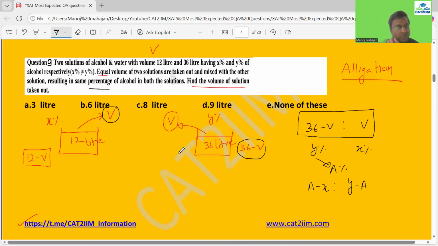Same when you mix this V, which has Y%, with 12 minus V, which has X%, and again the resulting percentage should also be A%. Again, the differences I'm going to write over here.